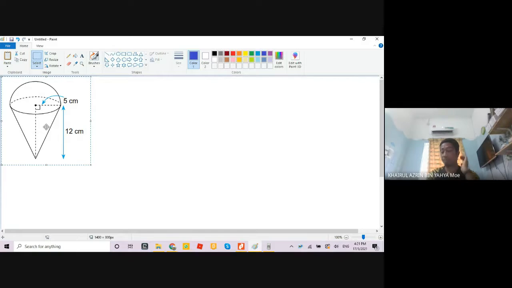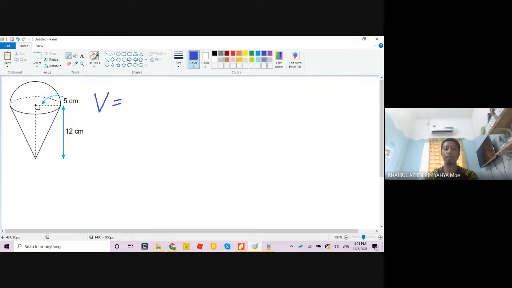Volume we write as V. Oh, too small. Okay, let me make it bigger. So we want V. I start with the hemisphere.